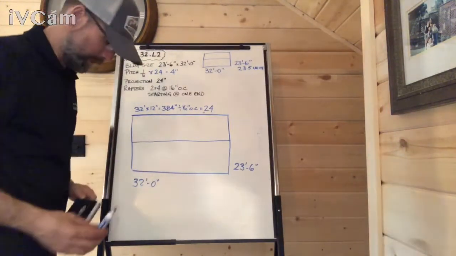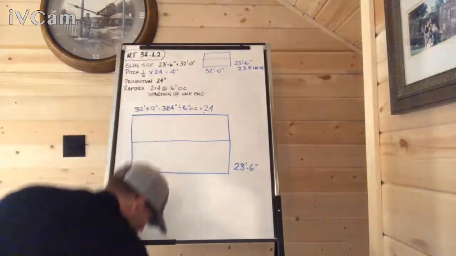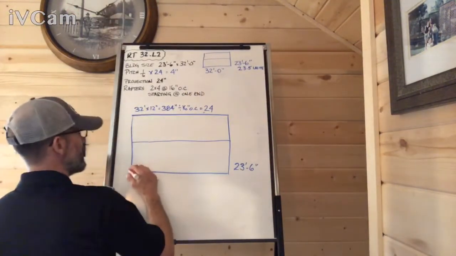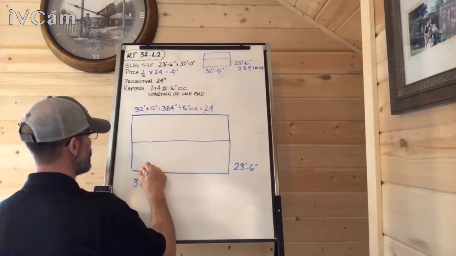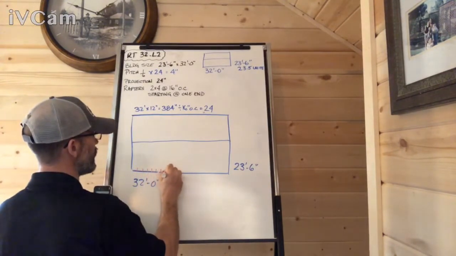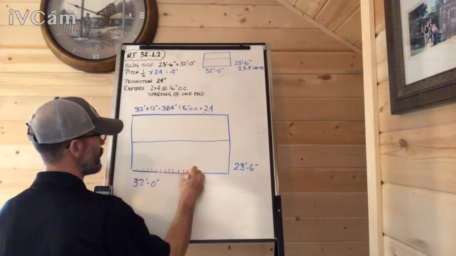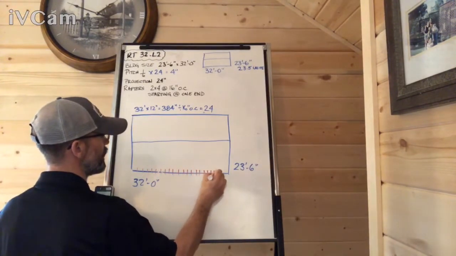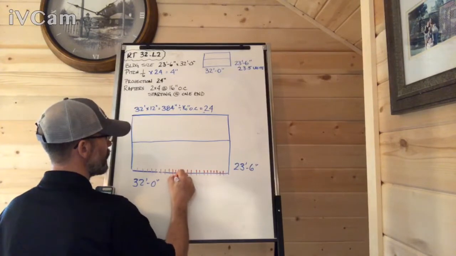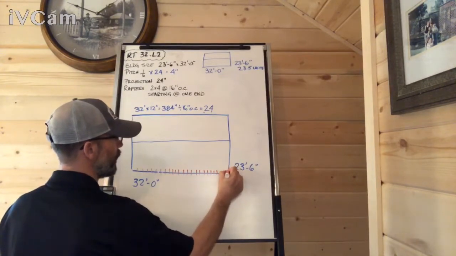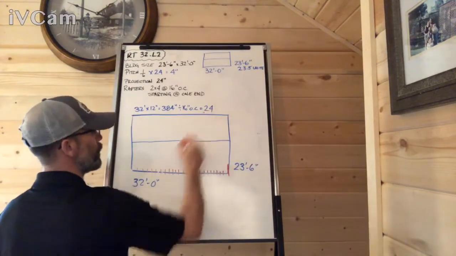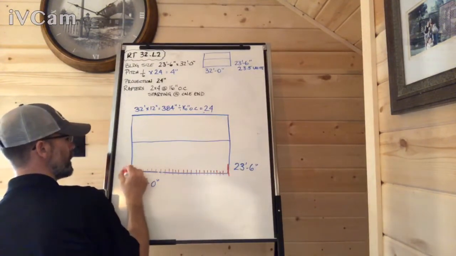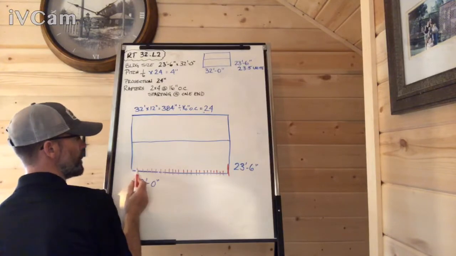So I'm going to draw these in a different colored marker. I know I got 24 of them. This is going to be very rough, not to scale. But I got one space, 2, 3, 4, 5, 6, 7, 8, 9, 10, 11, 12, 13, 14, 15, 16, 17, 18, 19, 20, 21, 22, 23, 24. So this is 24 spaces. But notice I have nothing here to start because I went one space.